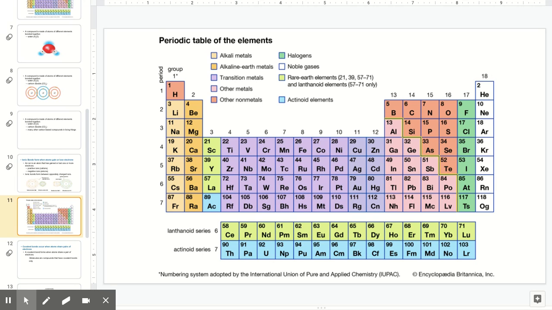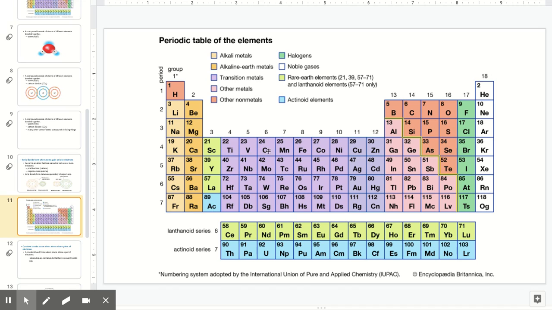If you're identifying whether two elements are bonded ionically or covalently, there's a little way to cheat, if you will. When you have an ionic bond, you have elements from over here.